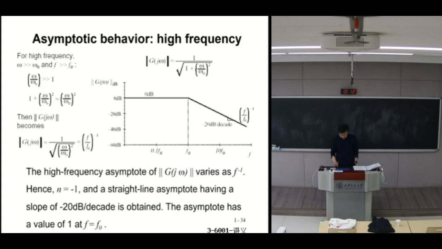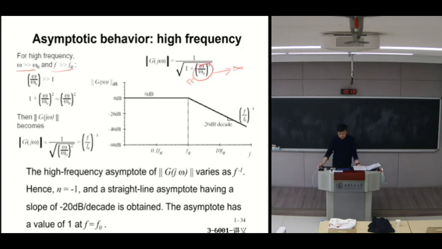And then the second part, the high frequency part, that means when omega or f is much higher than omega 0. Then in the magnitude representation, this item is going to be approaching a quite high number, approaching infinity when omega is approaching infinity. In other words, this second item is going to be much larger than 1.